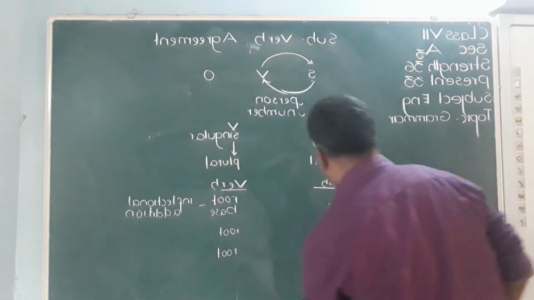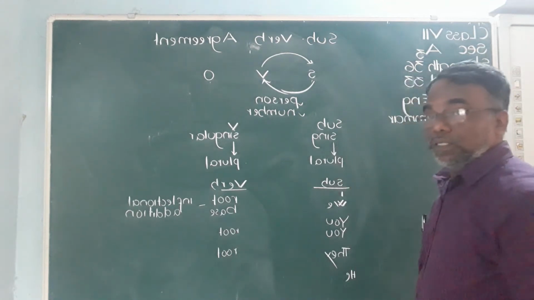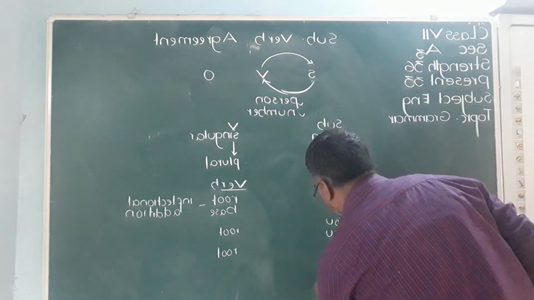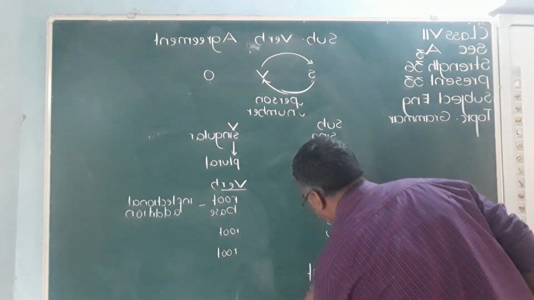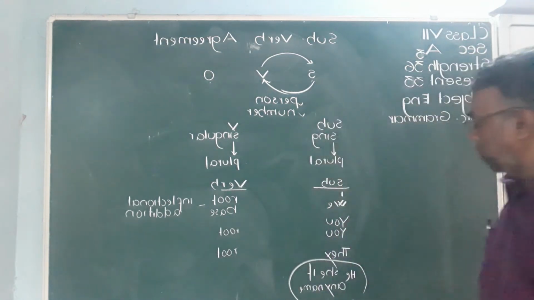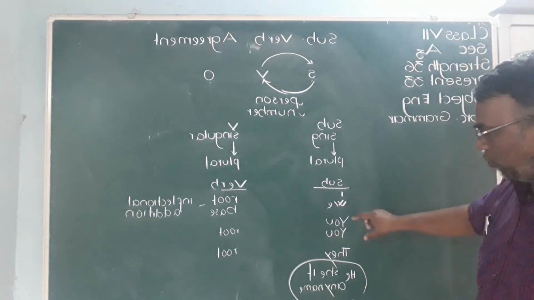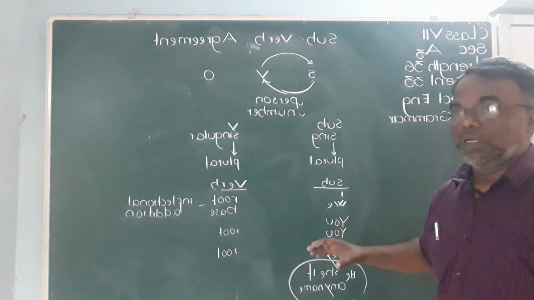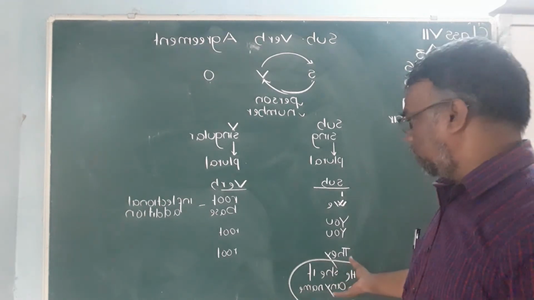But when we have the third person singular number, he, she, it, or any name, that subject is third person singular. If you deduct I, we, you and they from the whole list of nouns, whatever is left is third person singular.